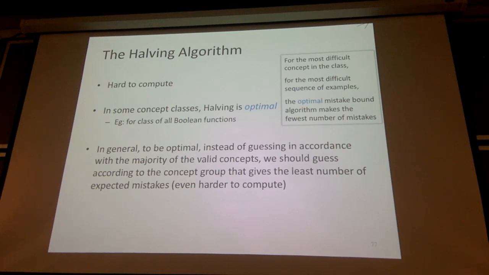You don't have to worry about this, but generally what you need is not to guess the prediction based on the majority class of the functions, but you need to know somehow the expected number of mistakes in the future. And you need to make a prediction based on that, which becomes an even more complicated thing to compute, because you need to know the distribution and all that stuff. This is just for those of you who are interested, you can take a look at that at some other time.